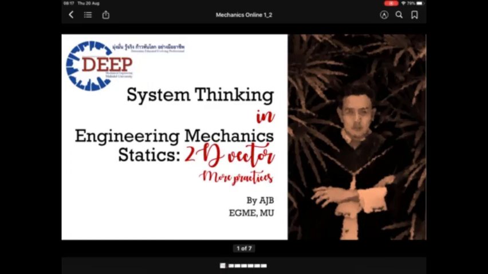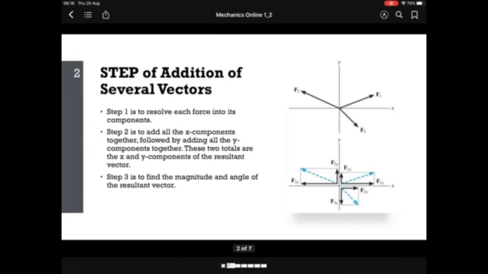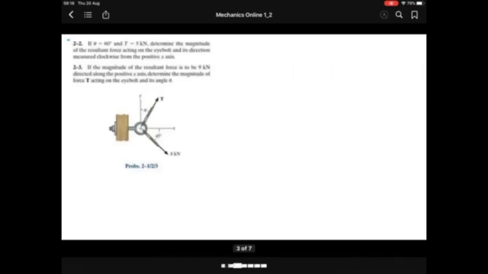If you haven't watched the first video on two-dimensional vectors yet, please go watch that one, because I already talked about the steps there, the IPE steps and the steps for addition of vectors. So let's try this one.